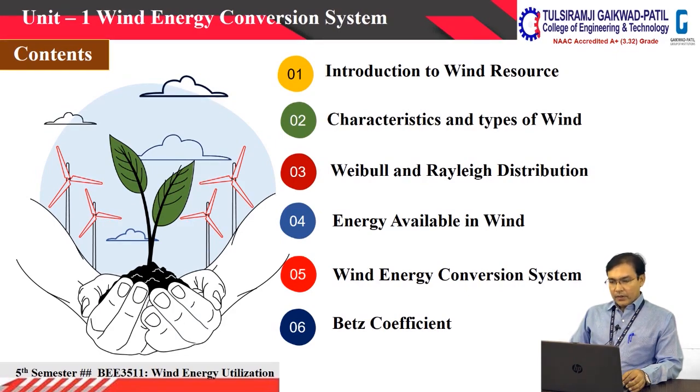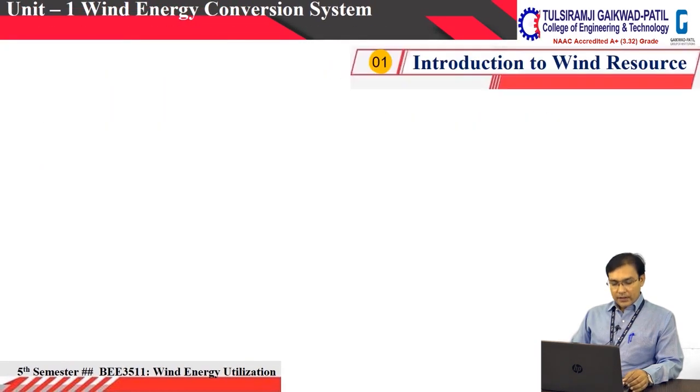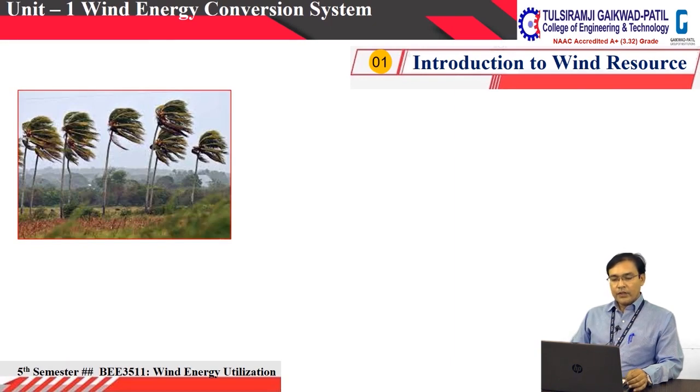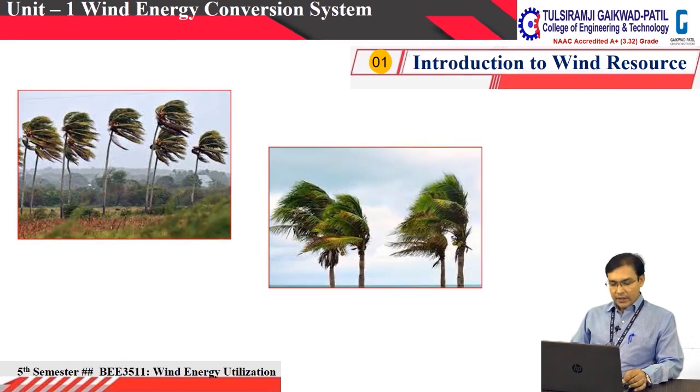Let us start with the wind resource. Before starting this, let us have a look at these two pictures. What can you conclude from the two pictures in front of you? What we can say is that the sun heats up the earth's surface, and hence the air close to it rises up.